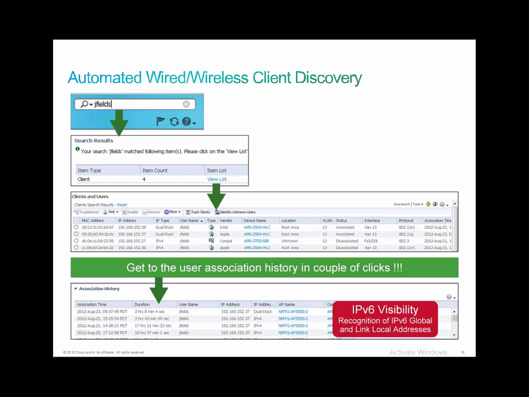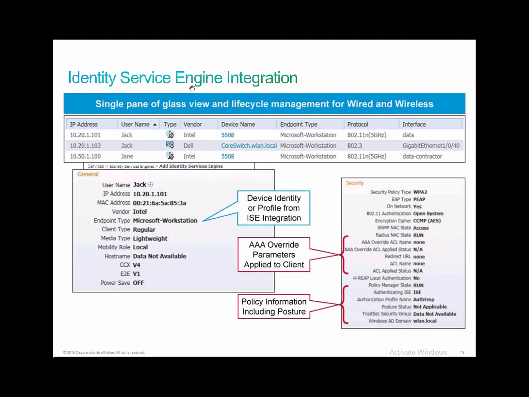Prime Infrastructure also includes ICE integration. Obviously, that makes sense, right? ICE will provide client type and policy visibility for wired and wireless clients, but Prime Infrastructure is able to view the client's security information from that single console. So again, Prime Infrastructure is not actually providing the security.